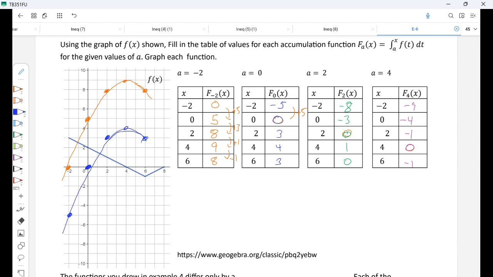And then our green is just 3 below. 1, 2, 3. 1, 2, 3. And then our final purple is just 1 below.